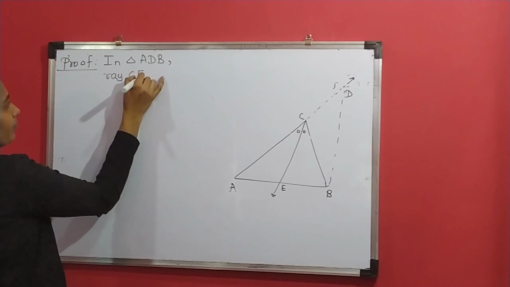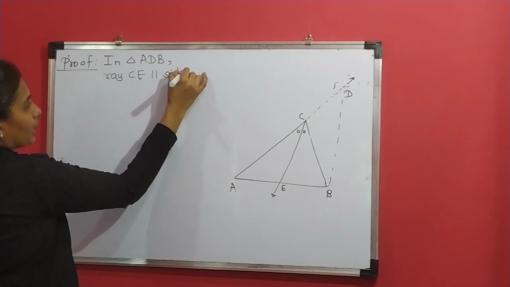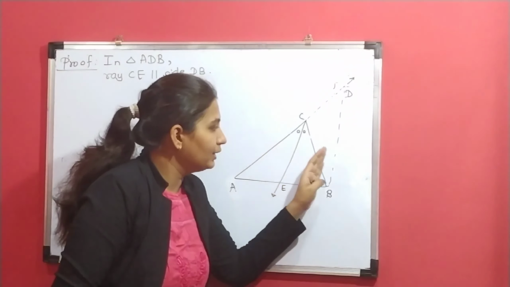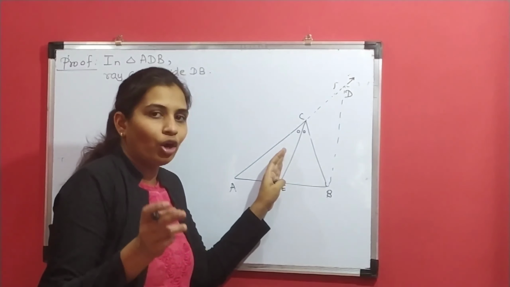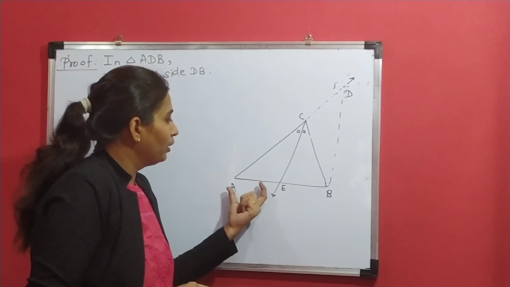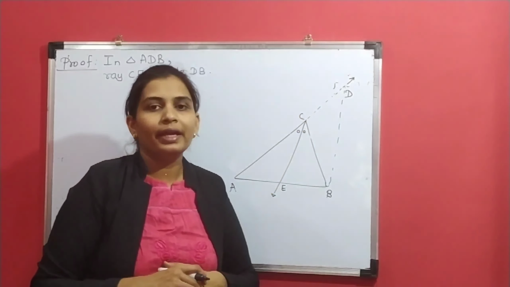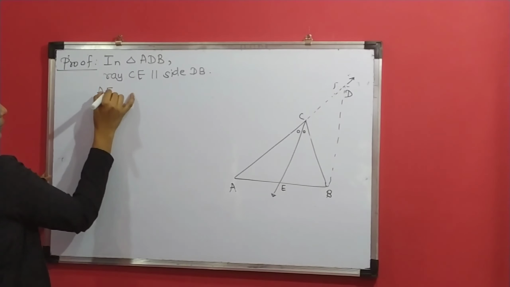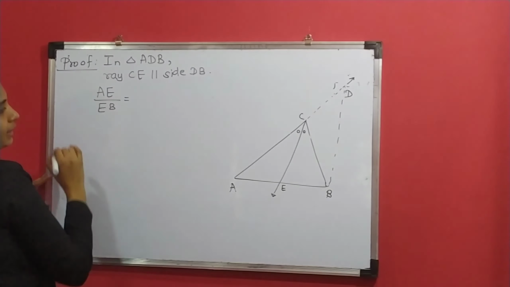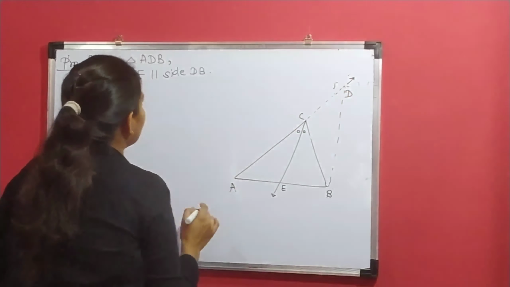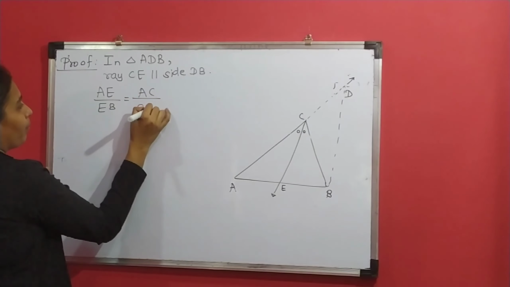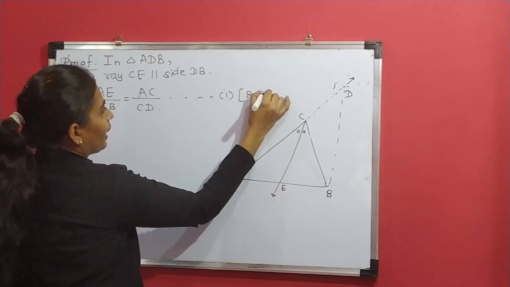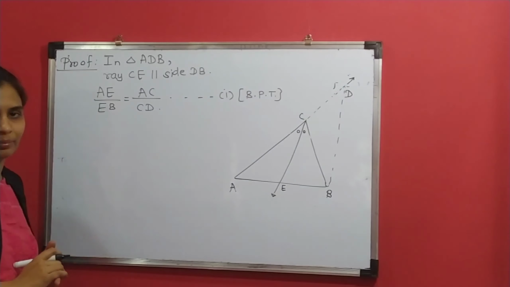Ray CE is parallel to side DB. Okay. Now, if these lines are parallel, then according to our basic proportionality theorem, these ratios will be equal. So I can write here AE upon EB is equal to AC upon CD. Give it as number 1 and reason as basic proportionality theorem.